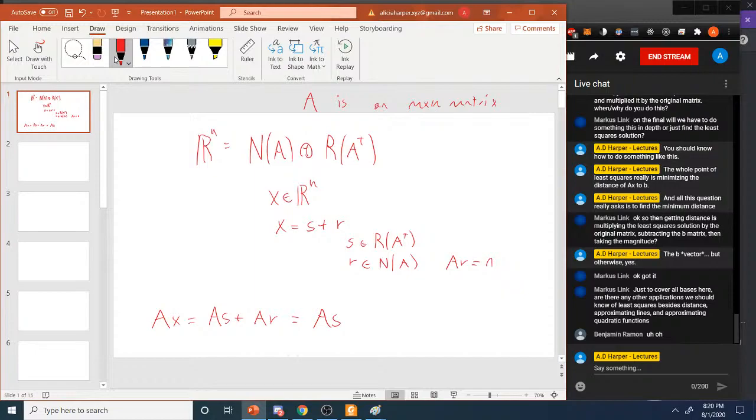And so s is equal to A transpose y for some y.